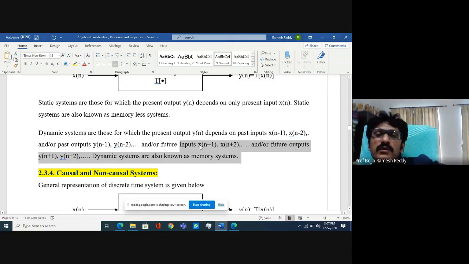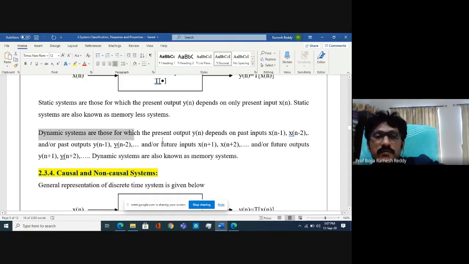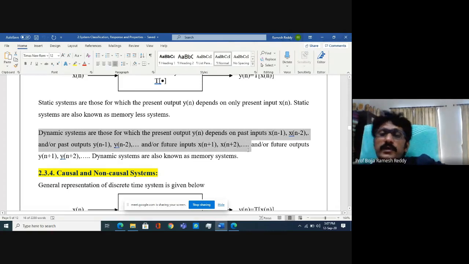Future means, for example, the next class input; based on that, you may store something in your brain, that is the future output. In the case of a dynamic system, the present output may depend on present input, past inputs, past outputs, future inputs, and future outputs.